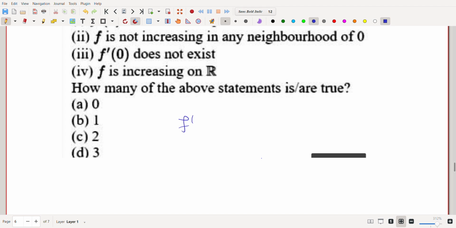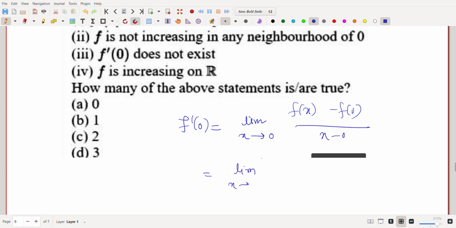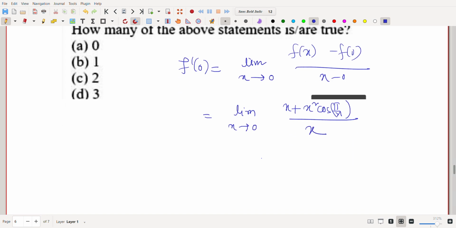So I need to check this limit. If f dash 0 exists, that will imply the limit as x goes to 0 of (f(x) minus f(0)) by (x minus 0) must exist, which is the same as the limit as x goes to 0 of (x + x square cos(pi by x)) by x, since f(0) is 0.